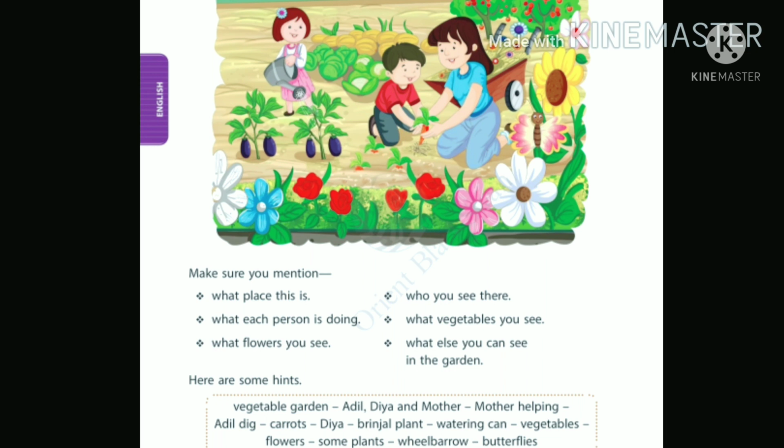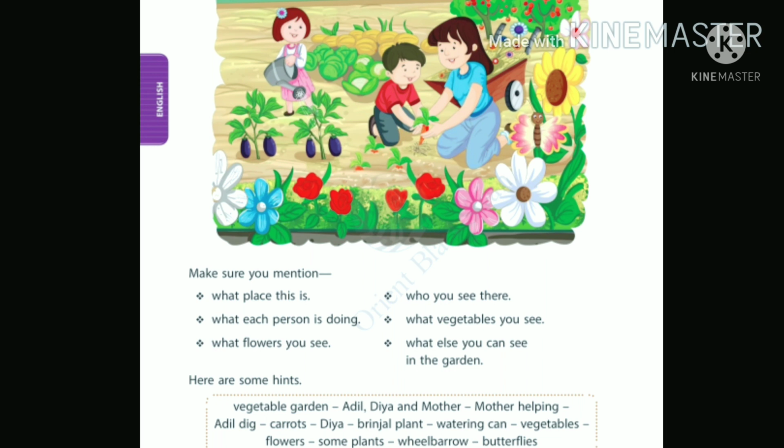What vegetables do you see there? We can see brinjal, cauliflower, pumpkin. Then what else? Carrot. Then there are some plants in the wheelbarrow. Then what else?